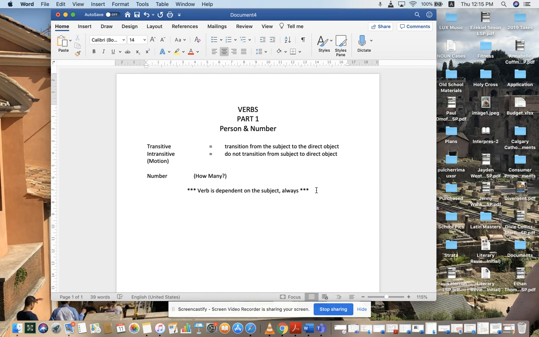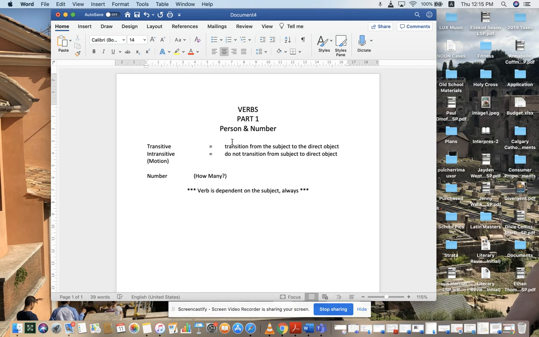And you can also have infinitive subjects, like to be or not to be. But in essence, if I say drive, it really makes no sense unless I add a subject. I drive. Therefore, verbs are always dependent on the subject, and we need to know whether that subject is going to be a singular subject or a plural subject.